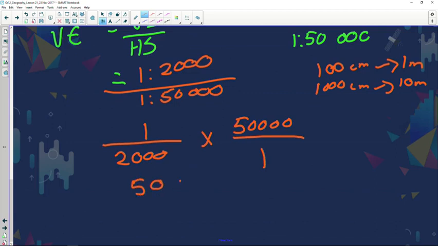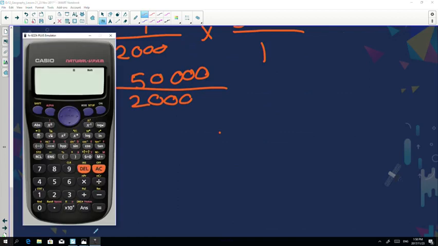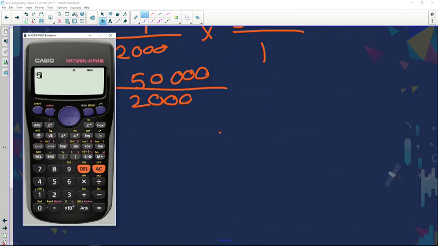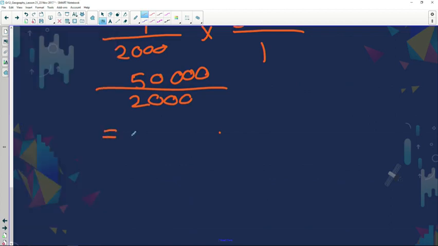We take the 50,000 divided by 2,000. And then you quickly need to get your calculator out. 50,000 divided by 2,000 equals 25 times. Now again, grade 12, keep in mind, read your instructions, read your question properly.